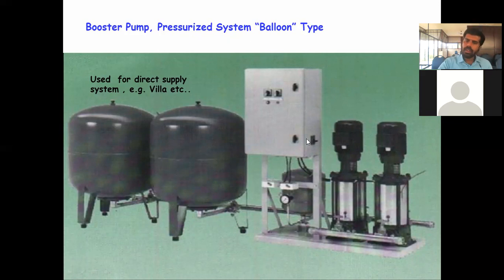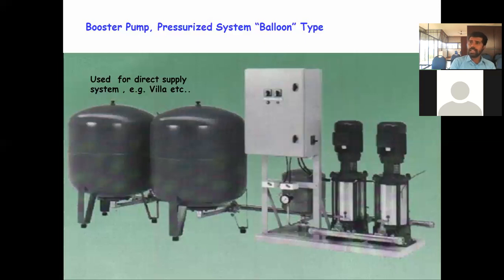Not only that, we can keep this booster pump on the ground floor and supply directly from the underground tank. And in some cases we keep it after the overhead tank also. As I have already explained, water is drawn from the overhead tank and given individually to the fittings.